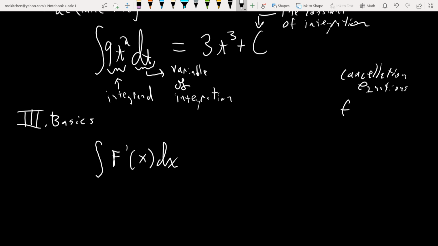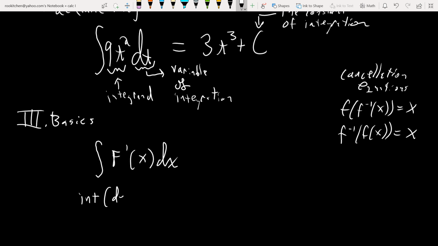If you have f of f inverse of x, you'll end up with x. And if you have f inverse of f of x, you end up with x, right? So here it's kind of like, what am I doing? I'm doing the integral of a derivative of this function f of x, right?